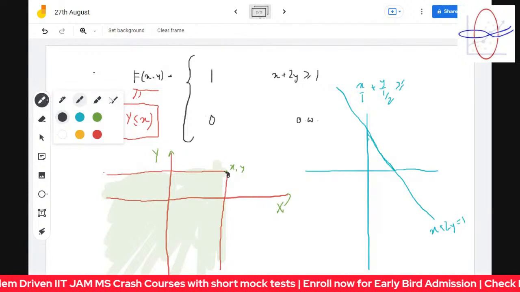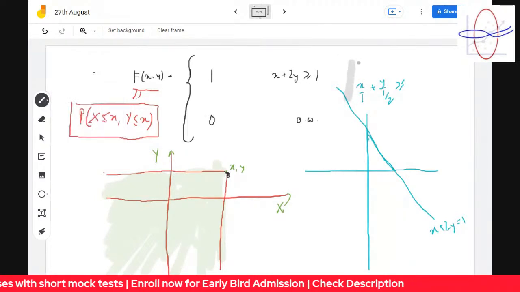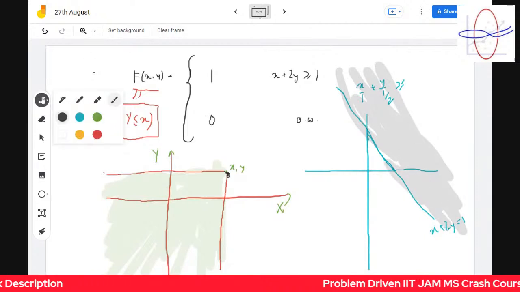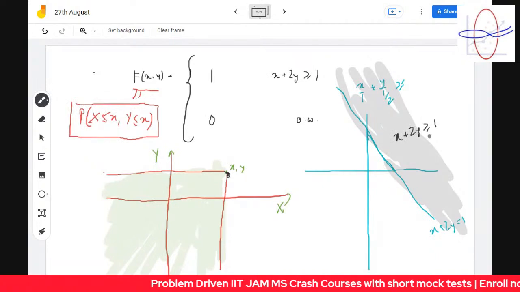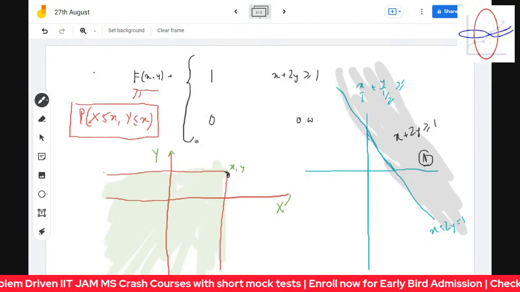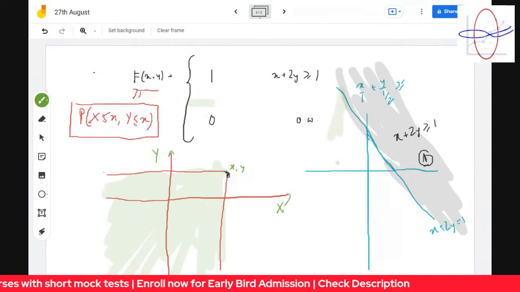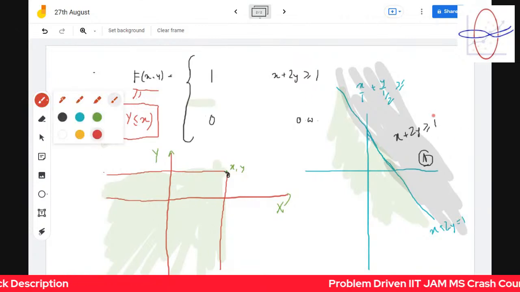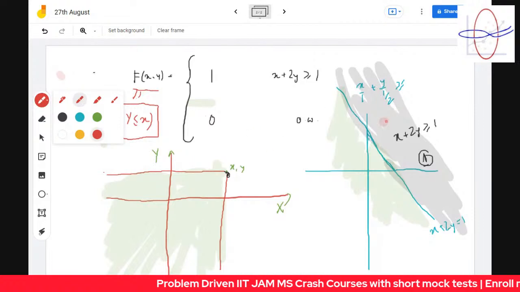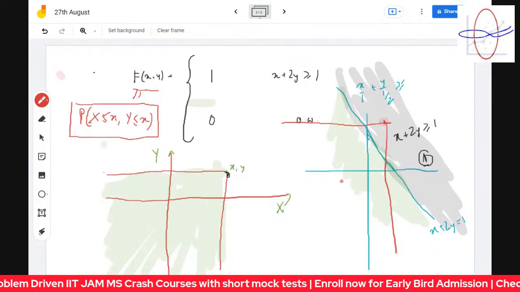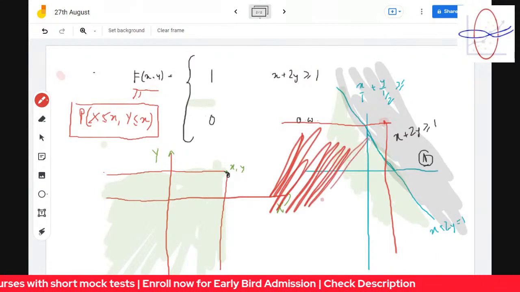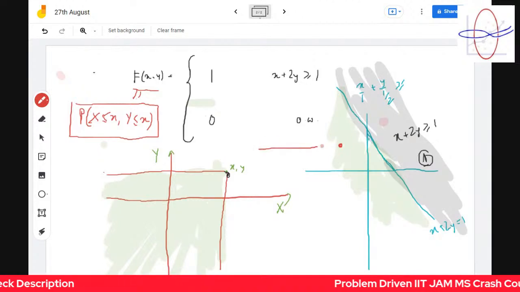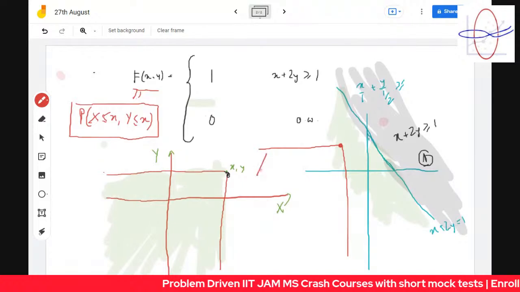It's telling us that for an x comma y outcome in the region above the line, where x plus 2y is greater than or equal to 1, the value is 1, and in the region below it, if you take any point here, the probability of the outcome lying in that region is 0.